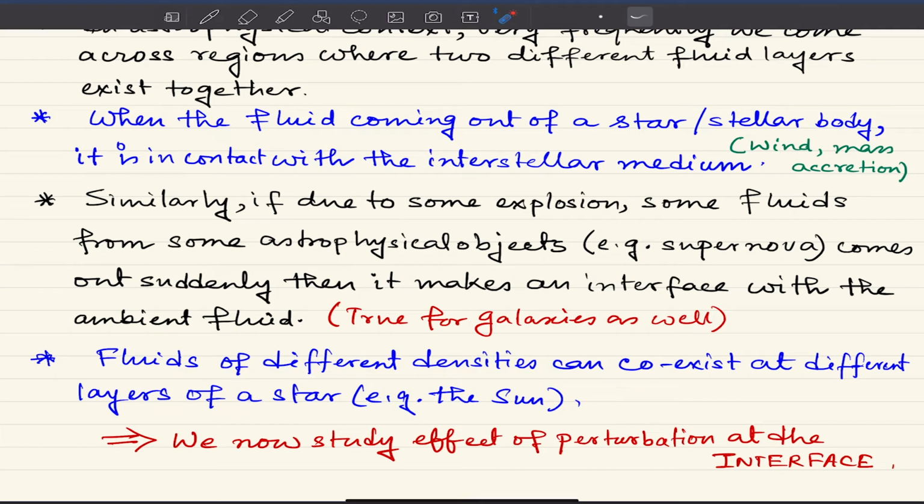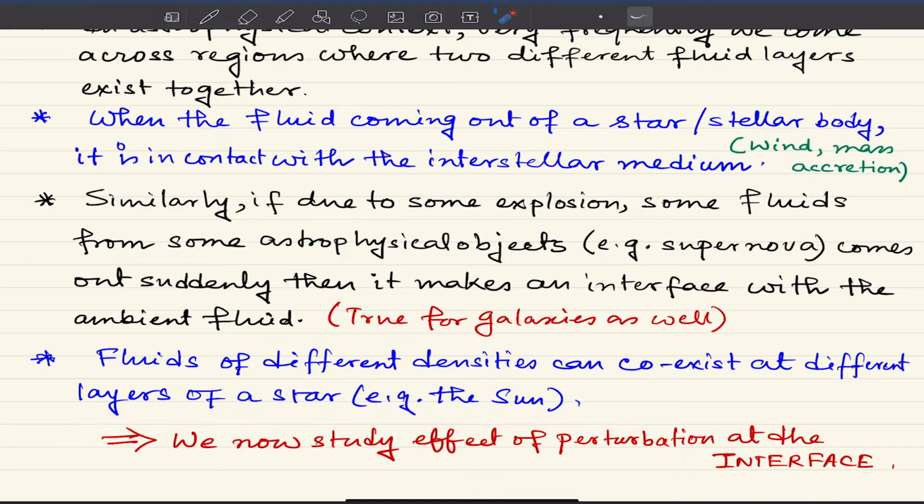Till now we were discussing fluid coming out of a star or galaxy, but even inside a star, in its different layers, fluids of various densities can coexist, and that defines another type of two fluid interface.